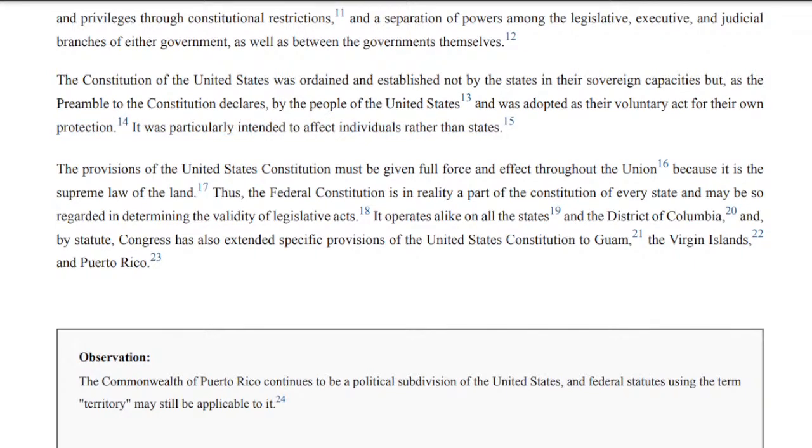So the preamble declares it was adopted by the people of the United States and adopted as their voluntary act for their own protection. If you're not being protected, then why would you adopt it? It was particularly intended to affect individuals rather than states. So the Constitution was particularly intended to influence or affect individuals rather than the states.